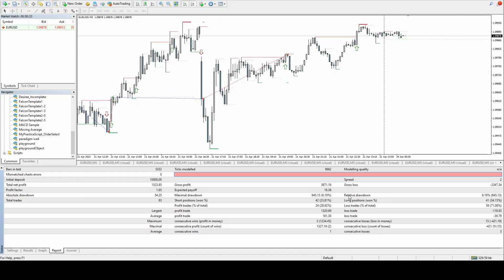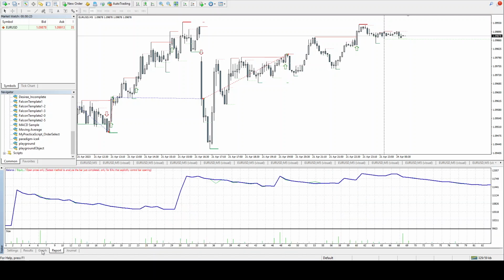Maximal drawdown is 8.19%. Maximal drawdown is based on equity, right? So just bear in mind. Like this drop here, that's probably like a 9% drop, so it's basically the highest equity and the lowest equity.